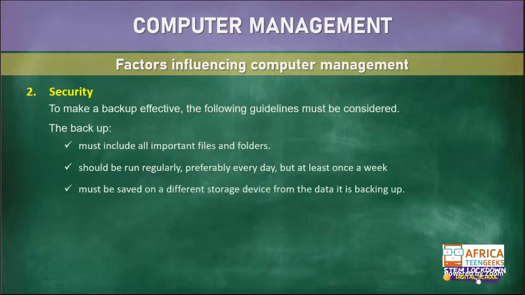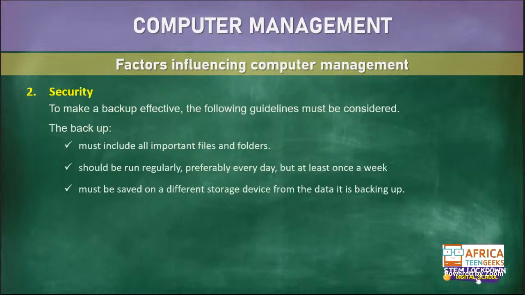Number three, it must be saved on a different storage device from the data it is backing up. So it doesn't make sense to make a backup on the hard drive where the operating system is running. You would rather use an external drive to make the backup, or possibly use cloud computing.